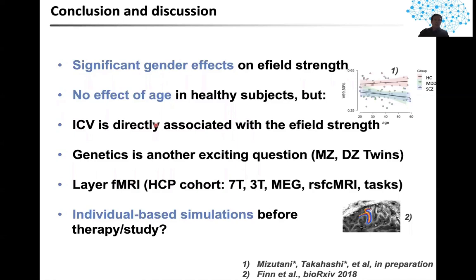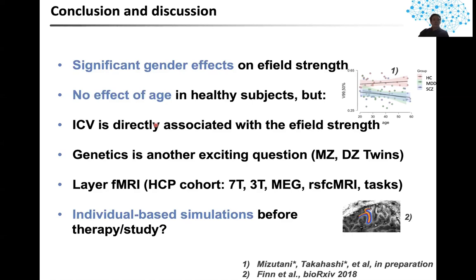The ICV, the intracranial volume or the brain size, is directly associated with E-field strengths. On this data set, it will be interesting to look into genetics because we have in this cohort monozygotic twins and dizygotic twins. And another interesting factor will be the layer fMRI, as the Human Connectome cohort also includes 7 Tesla data.